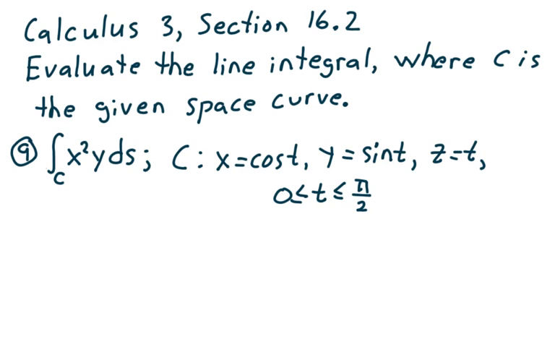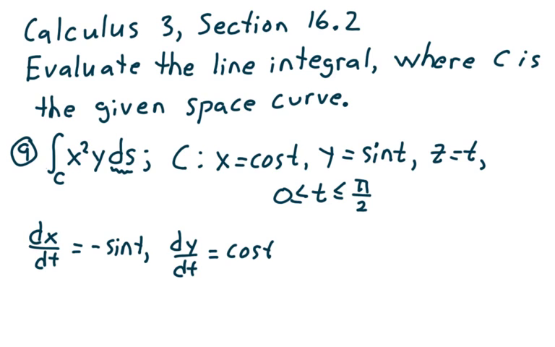Okay, now what I want to do is find ds. Well, to find ds, I need to find dx dt, which is negative sine t, dy dt, which is equal to cosine t, and dz dt, which is equal to 1.